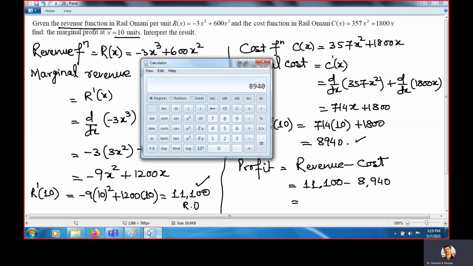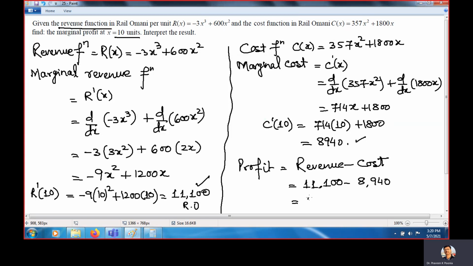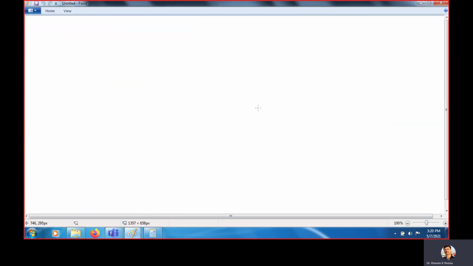If we simplify this, 11,100 minus 8,940, this is 2,160 Riyal Omani. So what is the interpretation? Interpretation is, if we increase the production from 10 units to 11 units, the profit increases by 2,160 Riyal Omani. Clear?